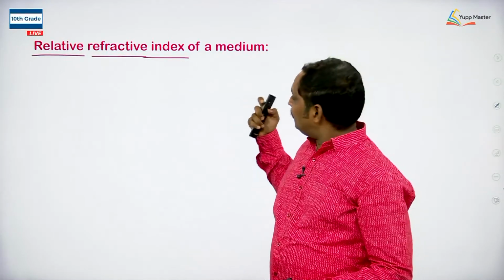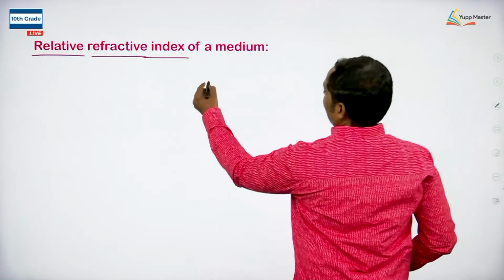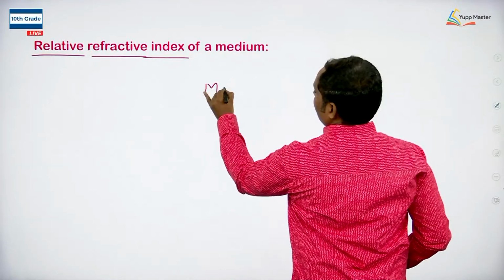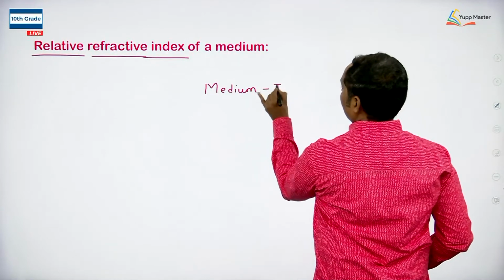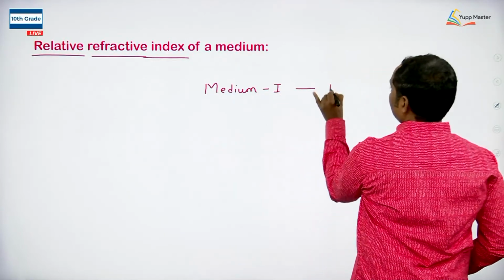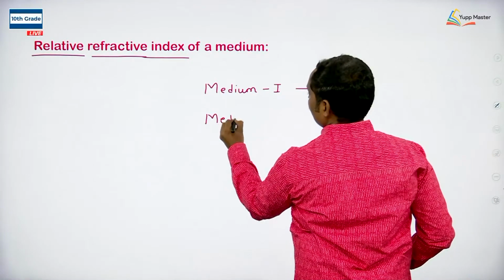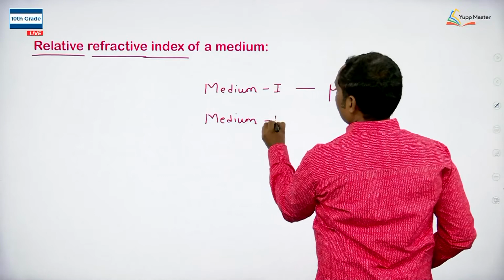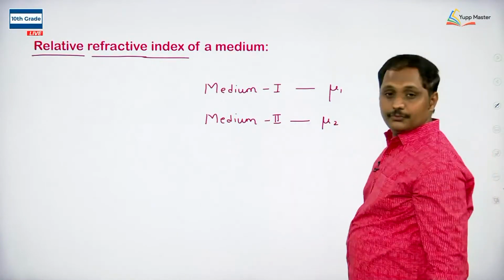So easily you will find that for medium 1, its refractive index is mu 1, and for medium 2, its refractive index is mu 2.